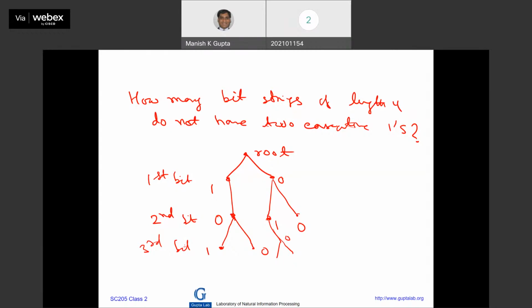If 0, 1 is there, then 1 will not come, 0 will come. I am unable to draw here properly, so let me draw it in a nice manner.